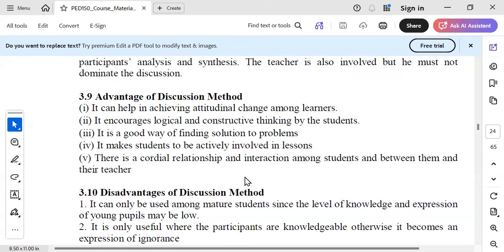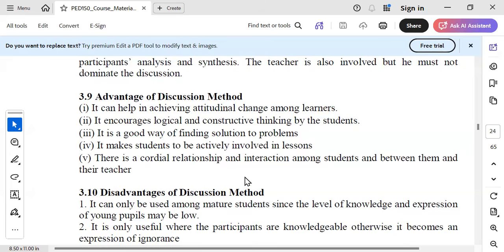Now, the teacher may decide to organize a class discussion on the topic bullying. So, when one learner explains how bullying can make a child afraid of coming to school, another may explain that students may lose their confidence when they are frequently bullied.